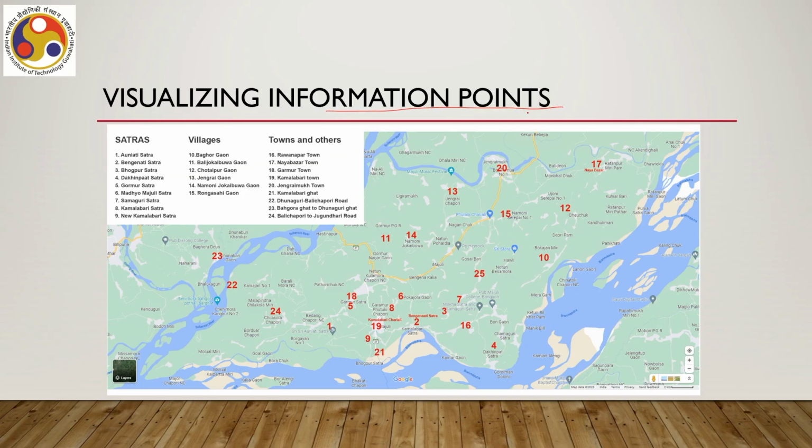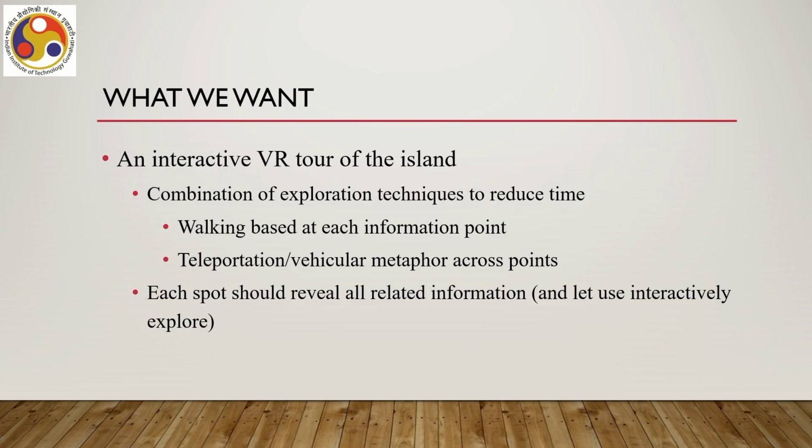A large number of points are there, which include Satras or Vaishnavite monasteries, villages, tribal villages, towns and other places of interest. Each point has a geographical spread, and each point also has a large number of points of interest. So, there are two levels of vast information: one is the whole island, the other is each information point on the island, which also contains a large amount of data of interest.